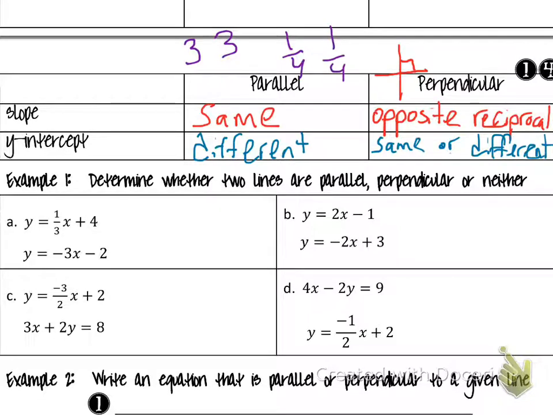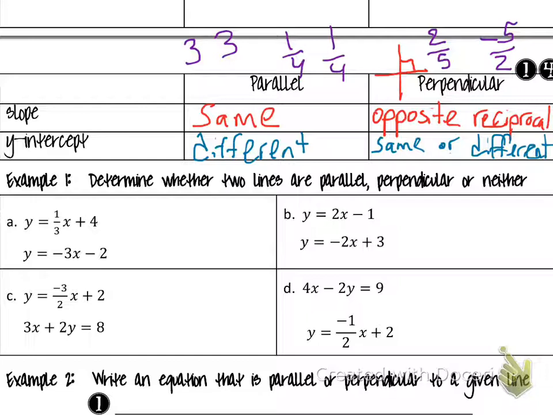Perpendicular slopes, they're opposite. So if one has a slope of 2 over 5, the other has a slope of negative 5 over 2. You take the reciprocal, which means you flip the fraction, and it's the opposite sign. If one is positive, the other one is negative.